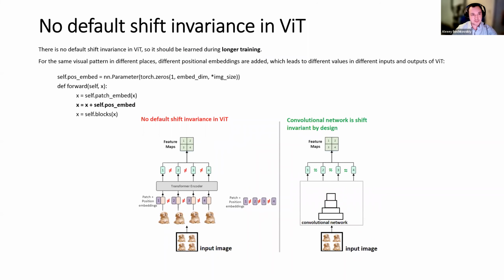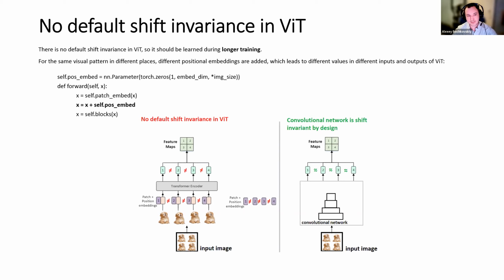Another disadvantage of ViT, of transformers, is that there is no default shift invariance in ViT. There is a scheme: the left part is for ViT, the right part is for a convolutional network. For example, we have a convolutional network with stride 16. If we have some object and we shift this object by 16 pixels, then this network will generate the same signal, but from a shifted output.